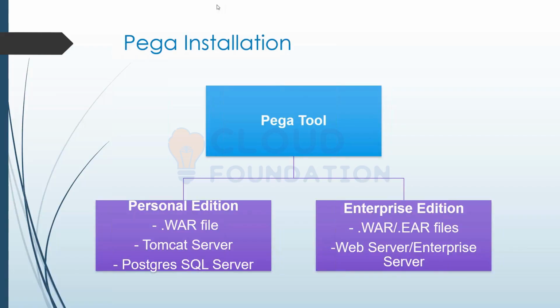It's a lighter version which is defined for practice. Correct, we would be using the personal edition. Because the enterprise edition has to be a licensed version that needs to be purchased.